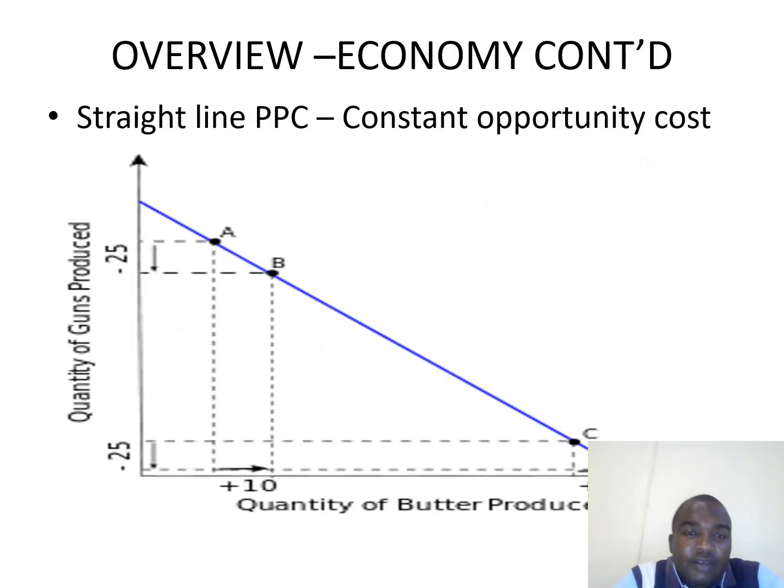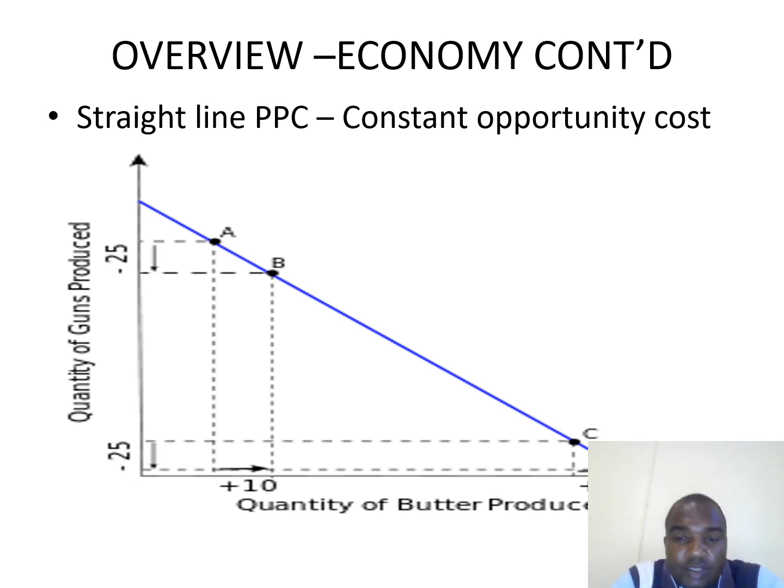We may also have a straight line PPC, which demonstrates constant opportunity cost. As we can see, between points A and B, the opportunity cost, which is our MRT, is minus 25 divided by plus 10, which gives us an MRT of minus 2.5.